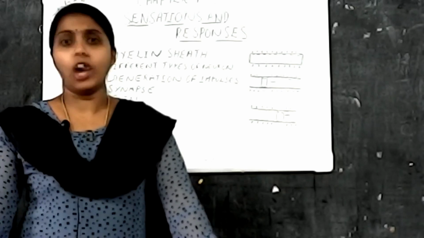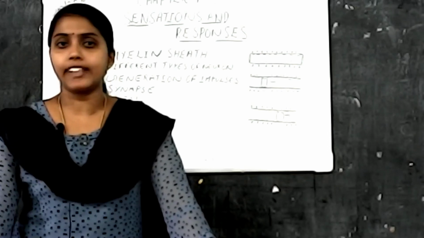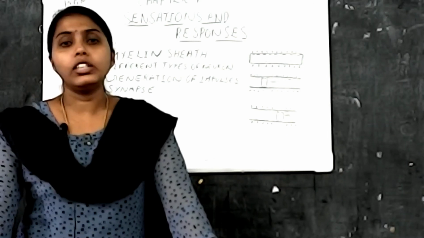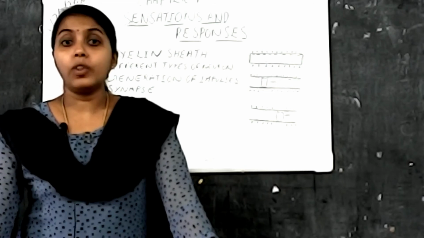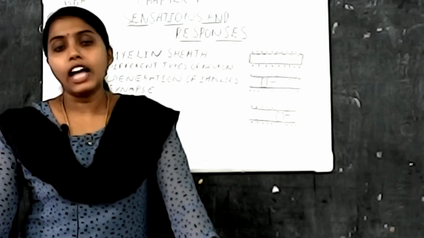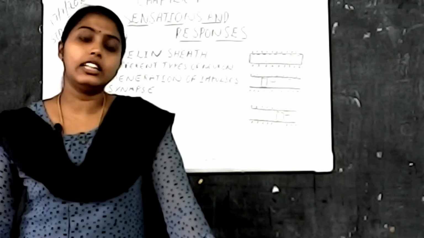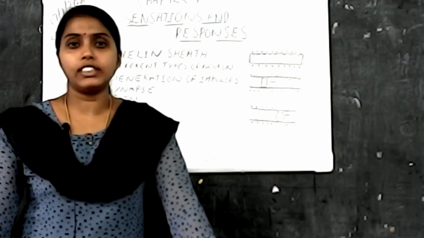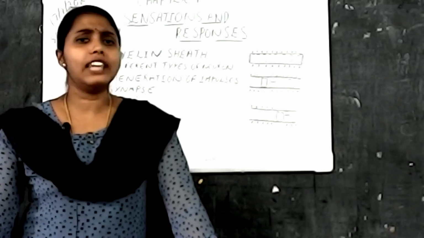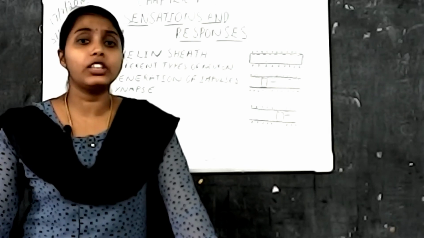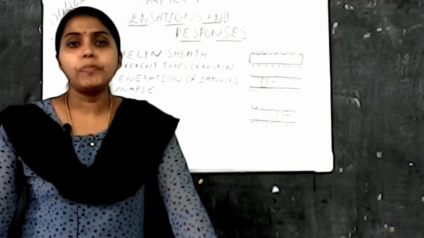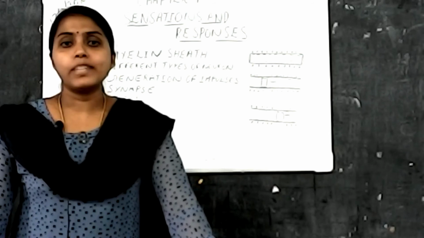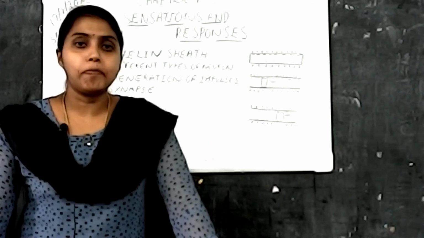Is it clear for you how the impulses are generated in an axon, or how the impulses are transmitted through an axon? We have told that these impulses are transmitted through the neuron as electric charges. Is it clear for you? So when these electric impulses in the form of electric charges reach the synaptic knob, that synaptic knob secretes the neurotransmitter to the synaptic cleft.